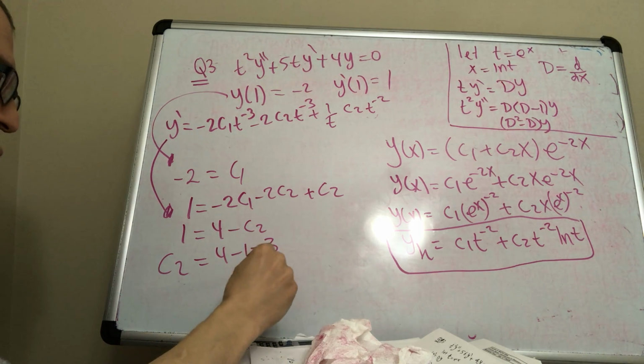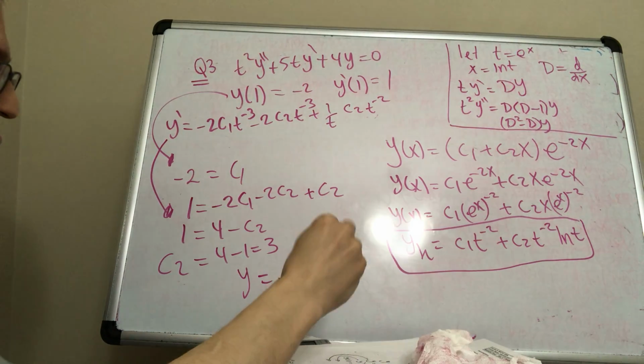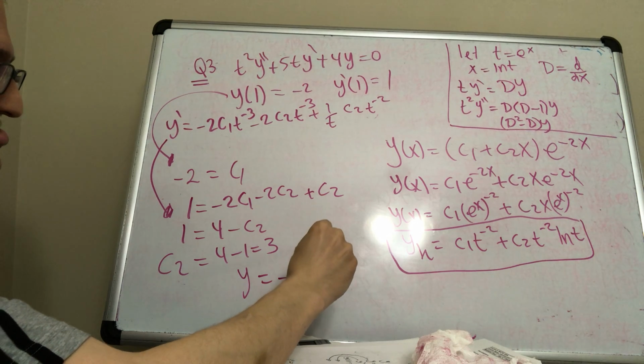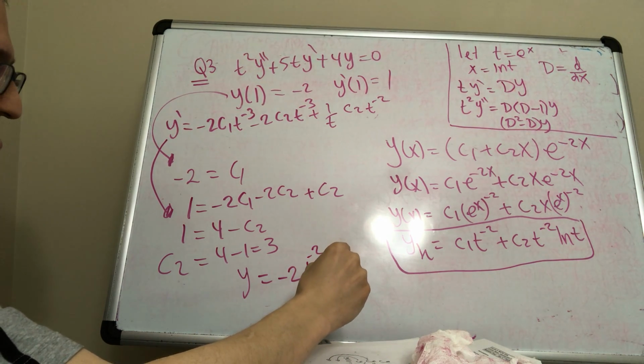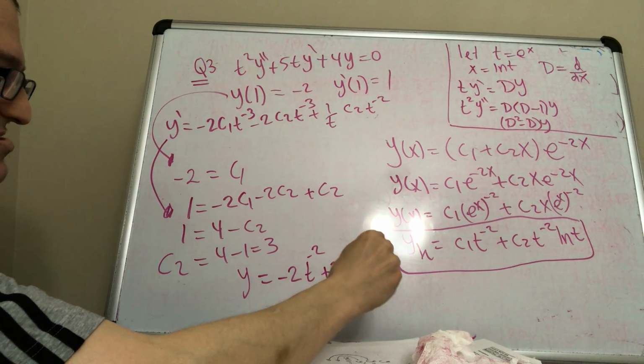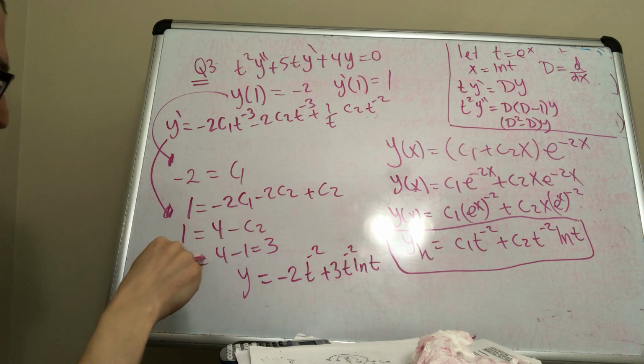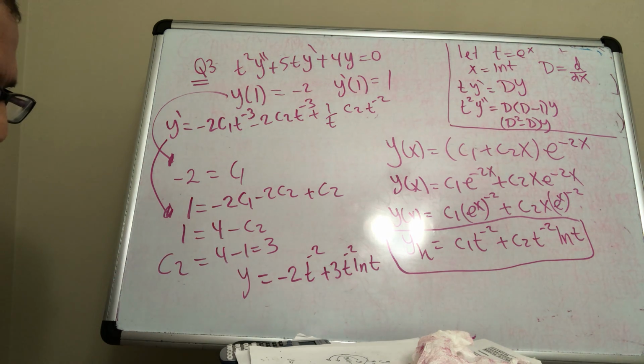So your final solution is c1 is minus 2, t to the minus 2, and 3, t to the minus 2 ln t. And I just wanted to make sure, because in my answer I told you that this would be minus 3, not 3.